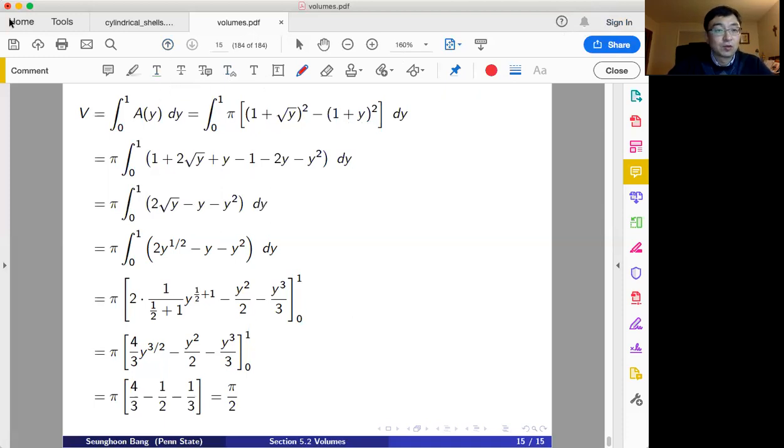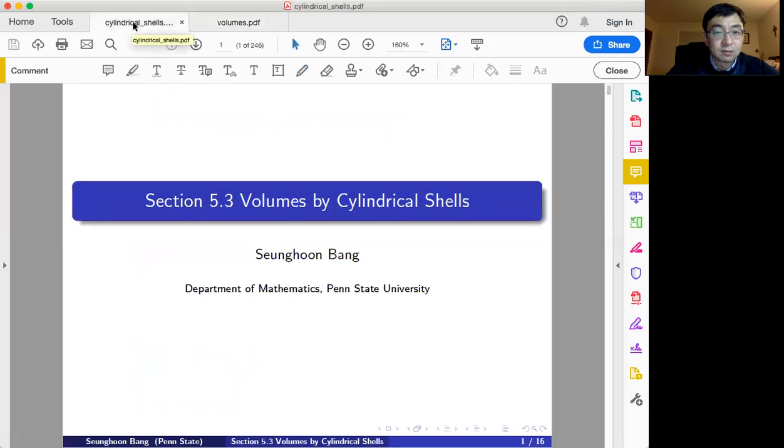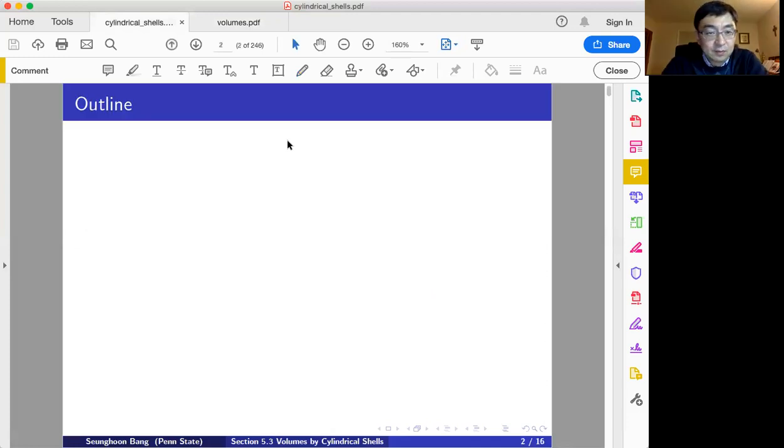So we are going to the cylindrical shell. The next one, section 5.3, is volumes by cylindrical shells. This is our outline. First, how to find the volume by cylindrical shells.